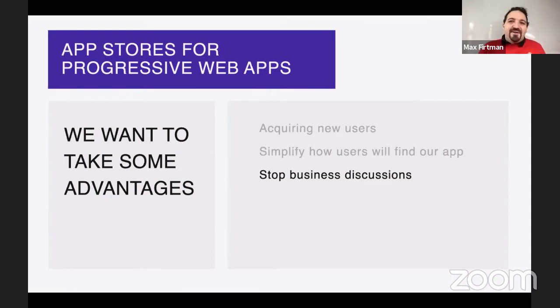But when I try to say that, there is always this business discussion that says, yeah, but you know what? I've been told that it's better to create a native app, and I prefer to create a native app. Most of the time, when someone on the business side is telling you that they prefer a native app, they're actually talking about the store.